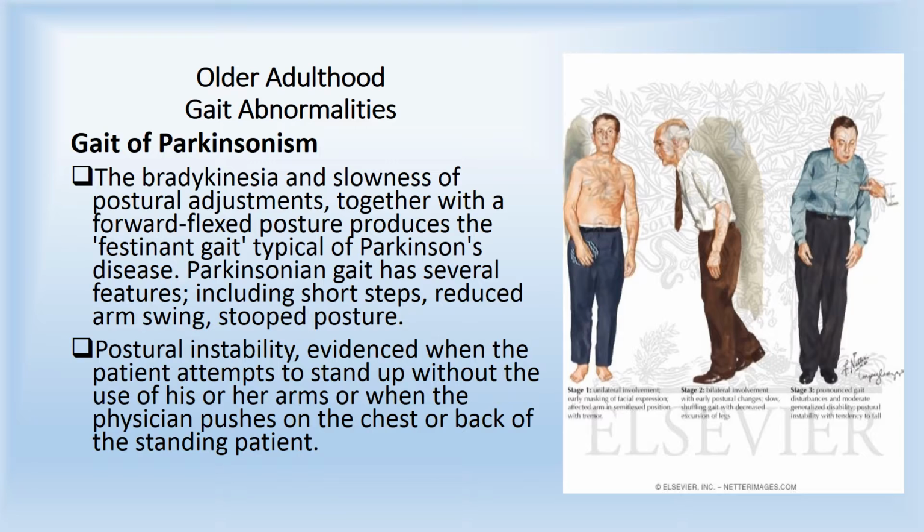The Parkinsonian gait has several features, which include short steps, reduced arm swing, and stooped posture. Also, postural instability is evident when the patient attempts to stand up without the use of his or her arms, or when a physician pushes on the chest or back of the standing patient.